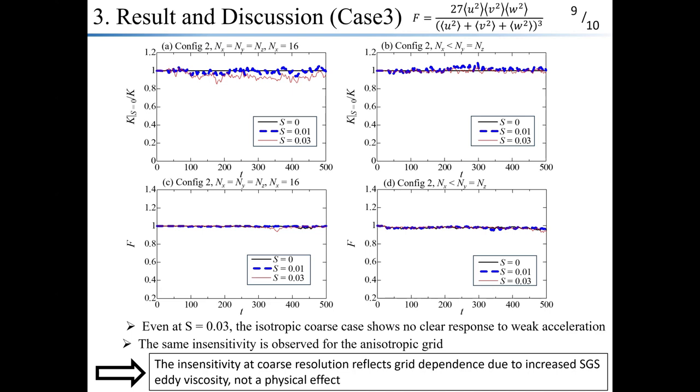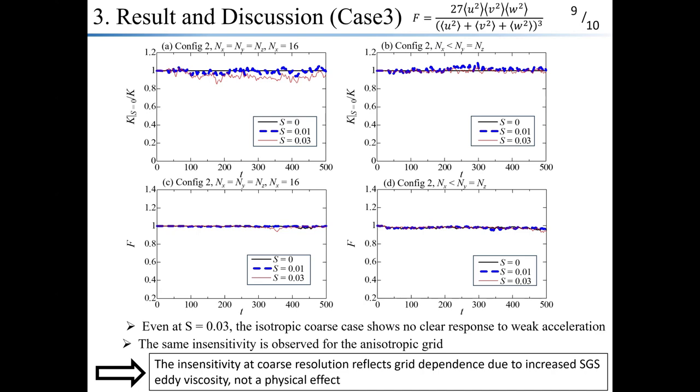Figures C and D present the isotropy indicator F for uniform and anisotropic grids, respectively, also showing muted response even at s equals 0.03.